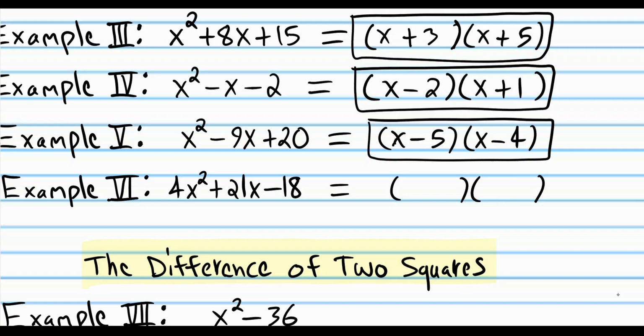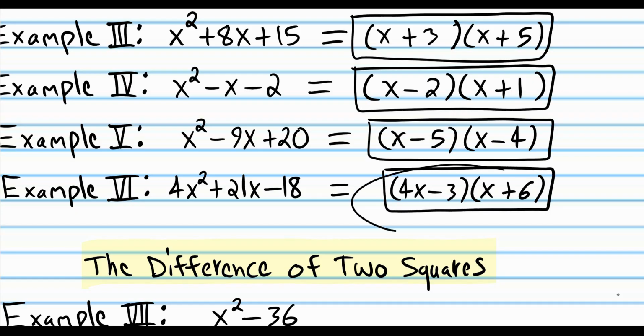Or we could have 4x and x. And we have to ask what two numbers multiply to -18, and it's going to be -3 and +6. It could be 1 times 18, it could be 2 times 9, it could be a lot of different things. But I'm just going to jump forward to the answer.